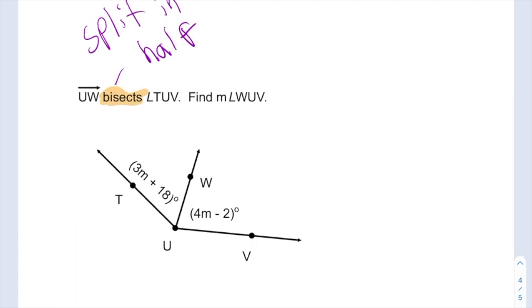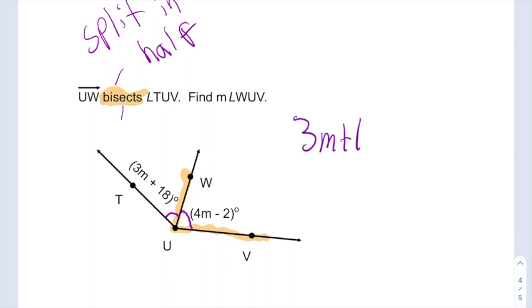So find the measure of angle WUV. Because this word is bisecting, I know that angle WUV is the same as angle TUW.